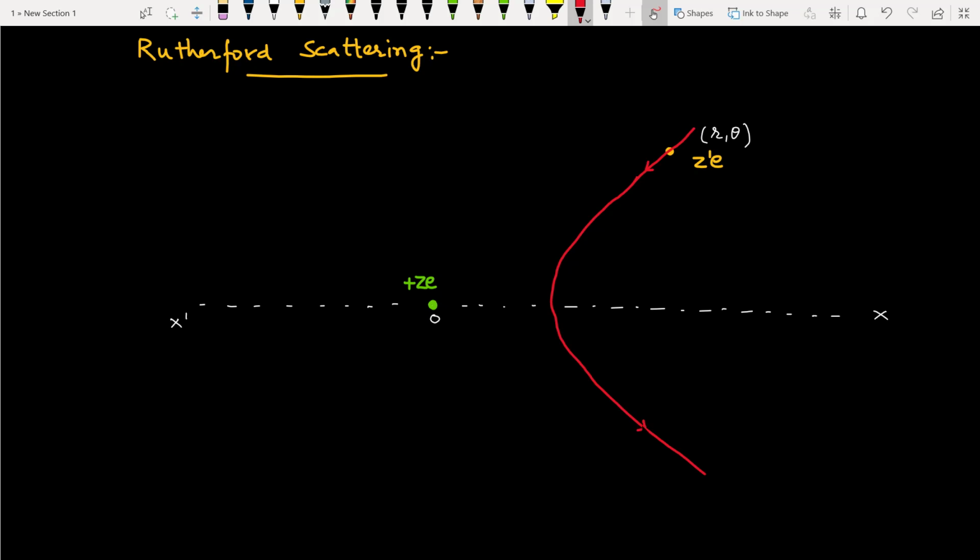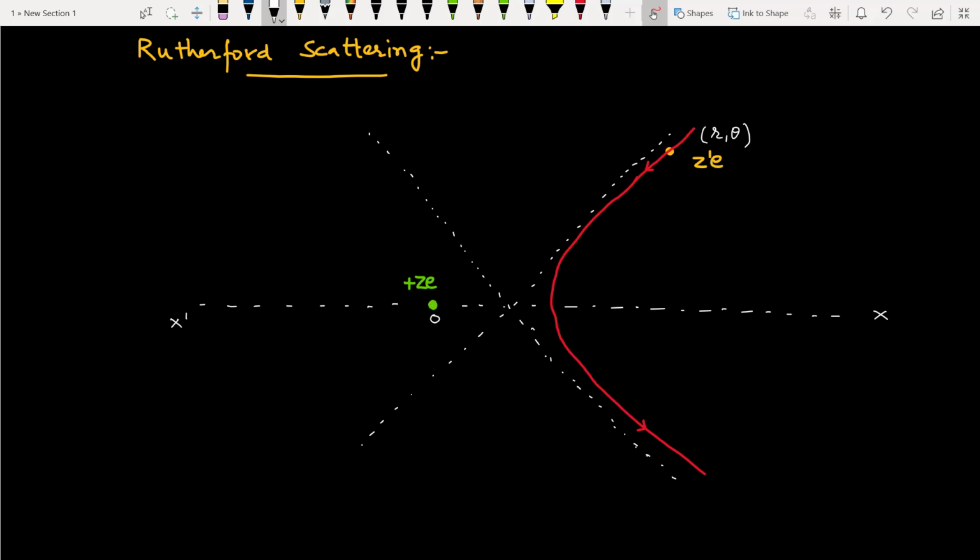So this will be a hyperbolic path, and soon we will derive why this will be a hyperbola and what will be the interaction cross section for this scattering. So we draw the asymptotes. These are the two asymptotes drawn on the trajectory of the scattering particle.